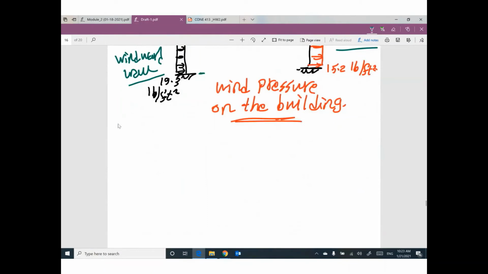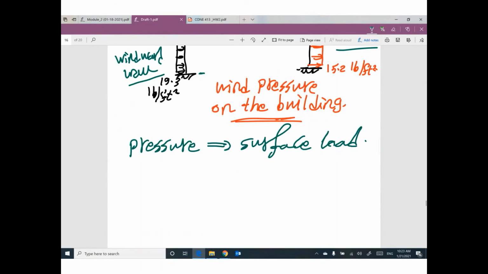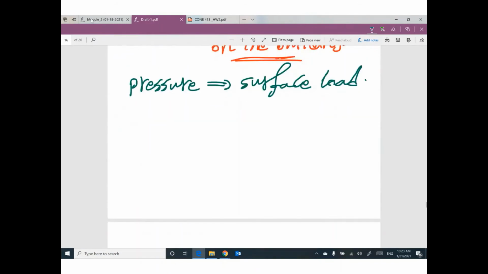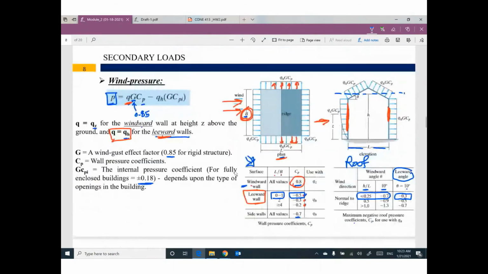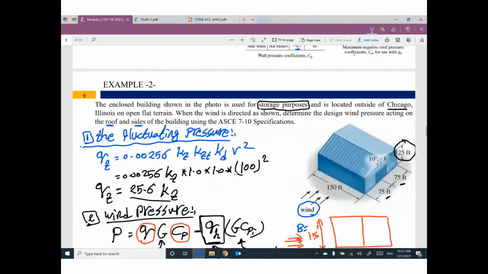Guys, these values are pressure. Pressure means surface load. Do you remember that? And this surface load on this side of the building, this surface load on this roof surface, on the corrugated sheet.